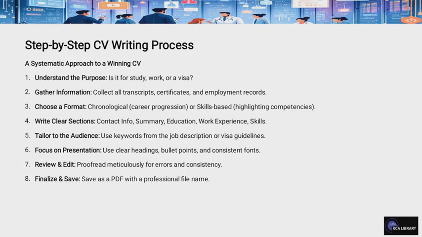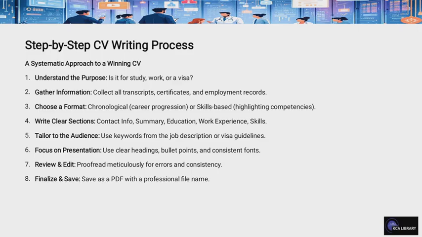Looking at the step-by-step CV writing process. For you to write a CV, you need to first understand the purpose. Is it for study, for work, or for a visa? You also need to gather information, that is, collect all transcripts, certificates, and employment records. You also need to choose a format, either chronological in terms of career progression, or skill-based, highlighting competence.